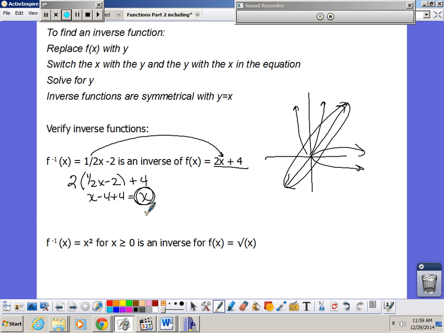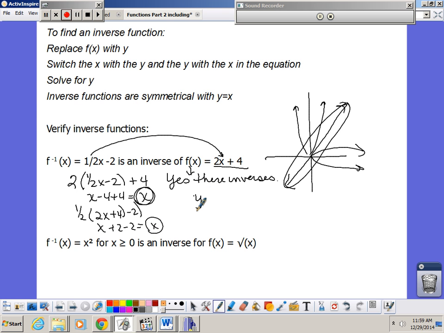If you end up with x at the end, yes, they're inverses. I could do it the opposite way, and put the 2x plus 4 in the 1/2, and half of 2x is x, and half of 4 is 2, and I still get x, so they're still inverses.